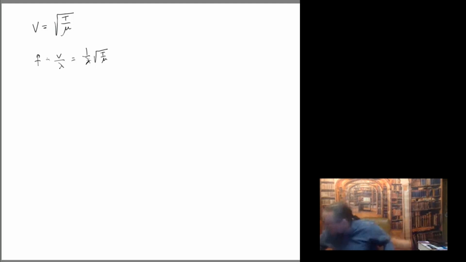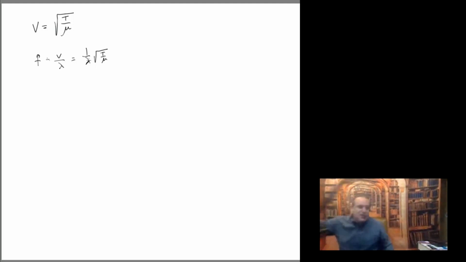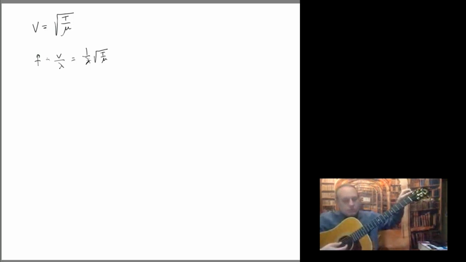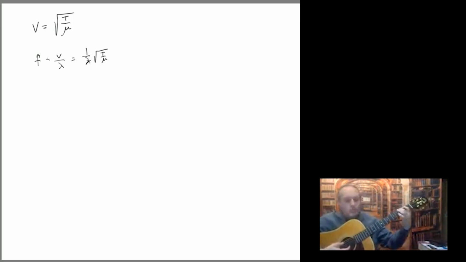So let me again, with the guitar, let you listen to what happens if I reduce the tension. I've got a bass, if I lower the tension enough, it rattles because there's not really enough tension.